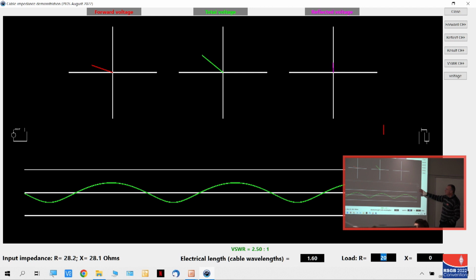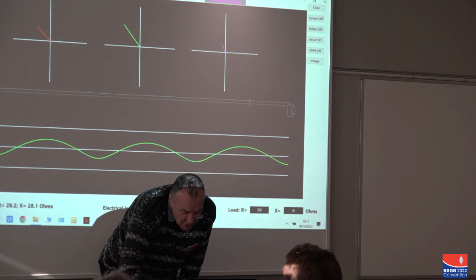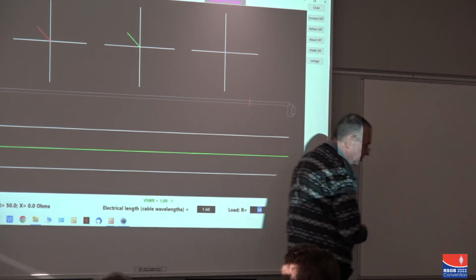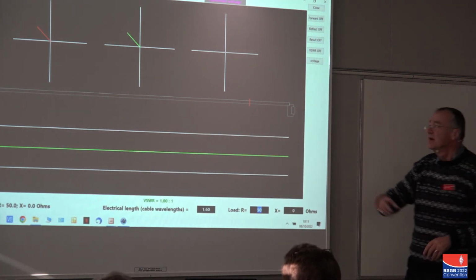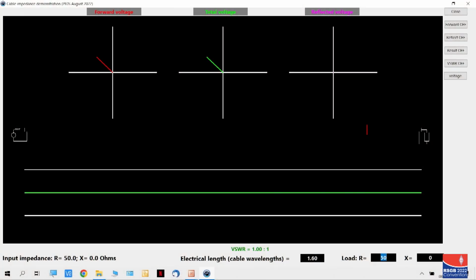And so you get this wiggly line, which is familiar to us all. I have assumed a 50 ohm characteristic impedance for the line. So if I terminate with a 50 ohm resistive load, then all of the incoming power, all of the forward wave, is absorbed. It all goes into the antenna. Nothing is reflected. You see the reflected wave has gone to 0. It doesn't matter where I am.